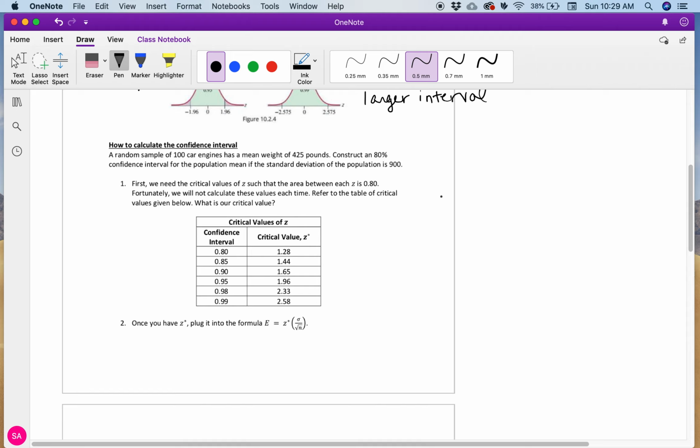I'm going to write out n is equal to 100, a mean weight of 425 pounds. So the sample has the mean weight of 425. That's the sample mean, X bar. We're going to construct an 80% confidence interval for the population mean if the standard deviation of the population is 900.